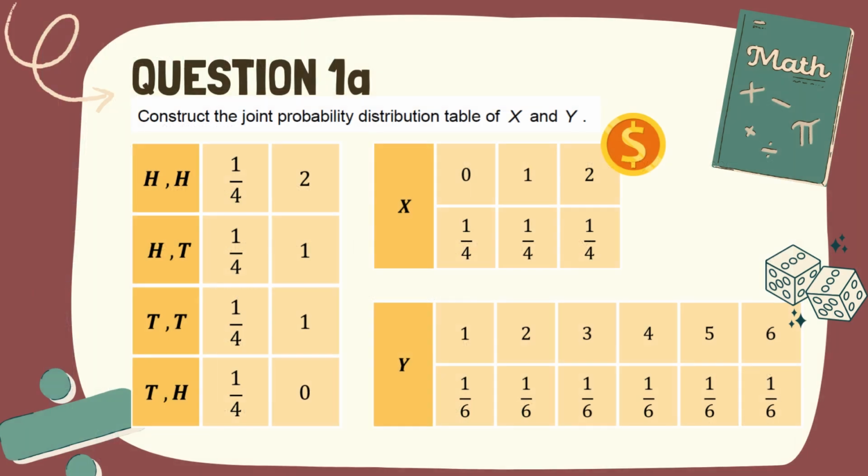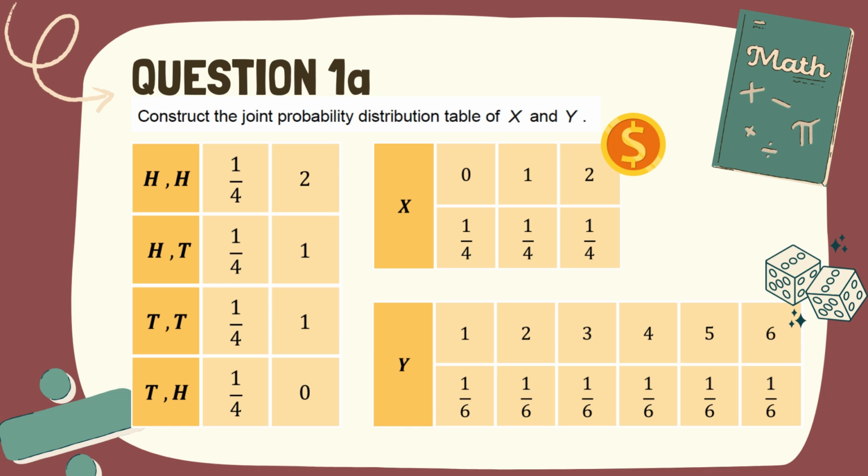Okay, so for the first question, 1A, construct the joint probability distribution table of X and Y. Before we start, firstly we need to define our variables. The first one, X, is the total number of heads when tossing two coins, and Y is the number shown on the rolling die.